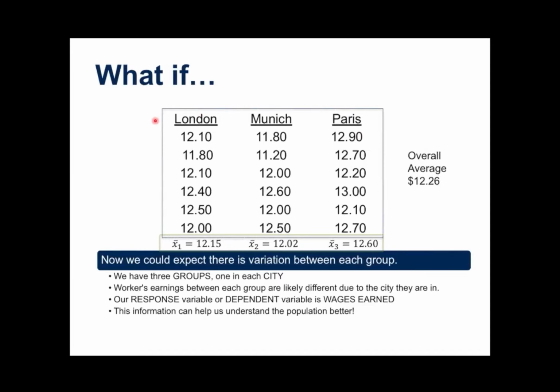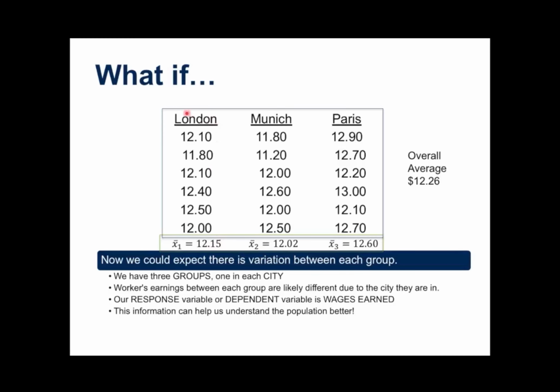And so we don't have to just look at the overall average, which we can still calculate in the sample. Instead, we can use the power of the information that we have that each subgroup has a mean. And therefore, there's variability that I can attribute just to the element that's related to that particular group.